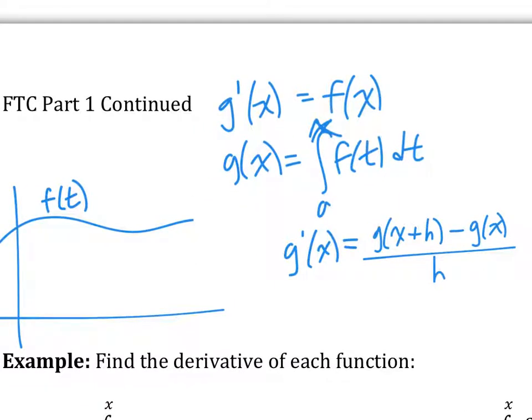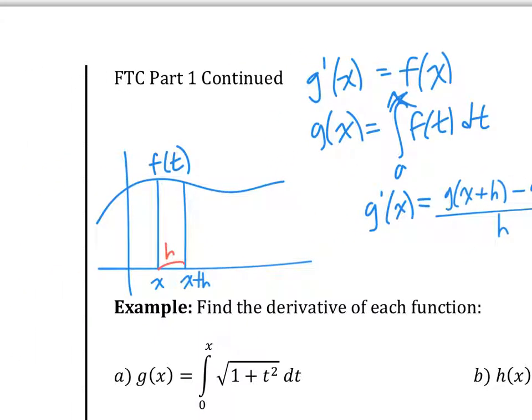And where does that h come from? Let's say this is somewhere on this line. This is x. This is x plus h. So you're just a little bit farther away. Derivative by the definition is f of b minus f of a over b minus a, so basically g of x plus h minus g of x over h.